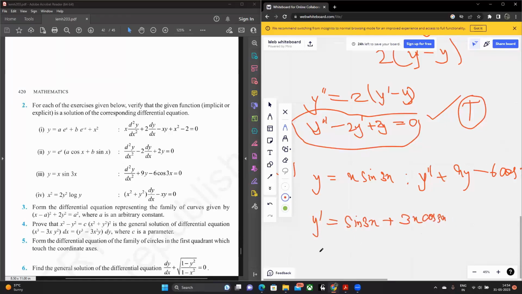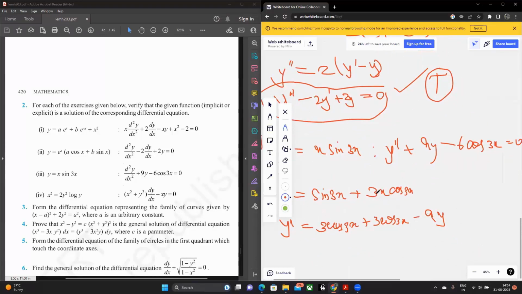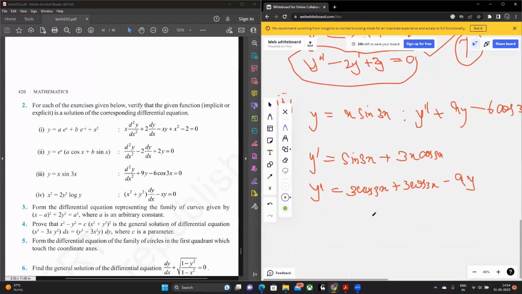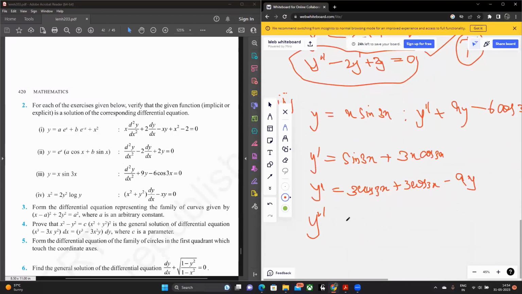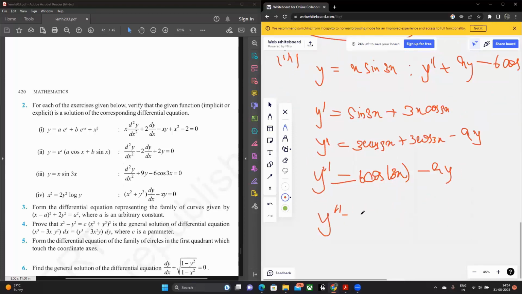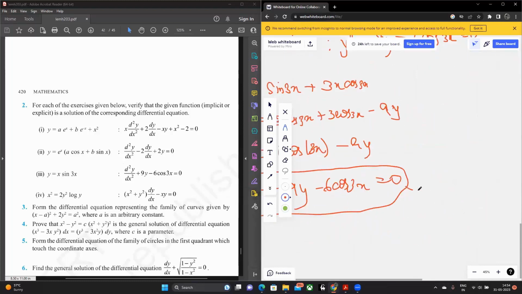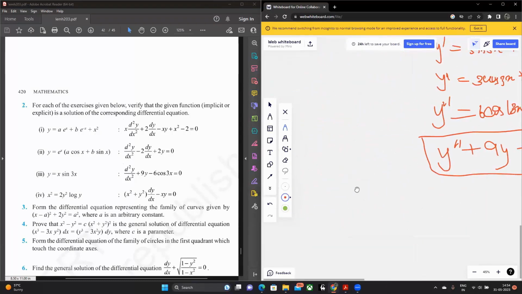Therefore, y'' is going to be 3 cos 3x plus 3 cos 3x minus 9x sin 3x, and that is basically minus 9y. So you have y'' equals 6 cos 3x minus 9y, or the differential equation y'' plus 9y minus 6 cos 3x equals 0. Since that is the given differential equation, this is correct and verified.